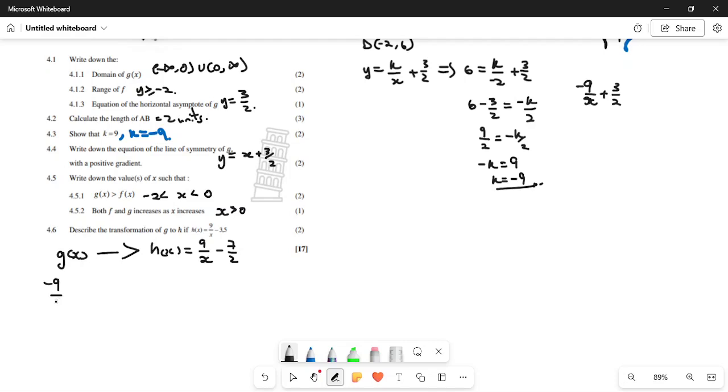So we've got a negative 9 divided by x, and we have plus 3 halves, right? Okay. So what I think happened with g, let's just test this, and let us try and reflect our function.